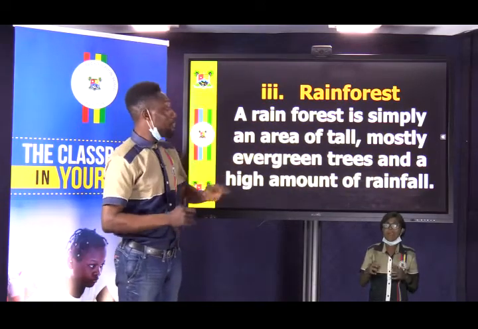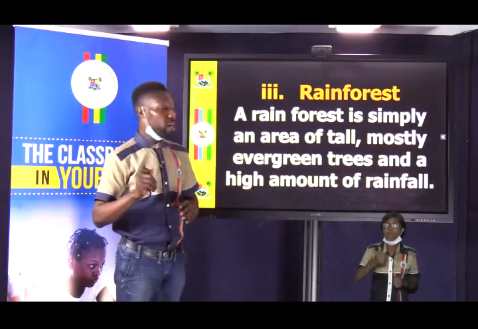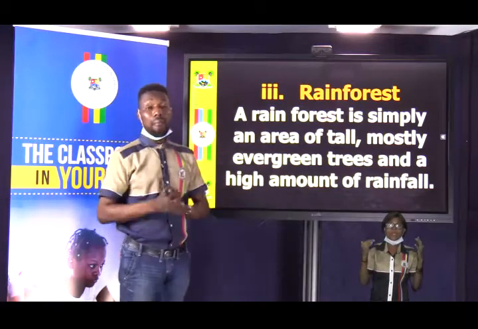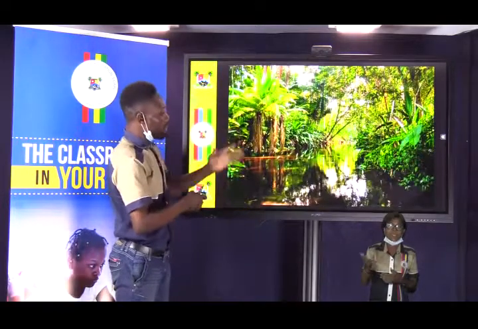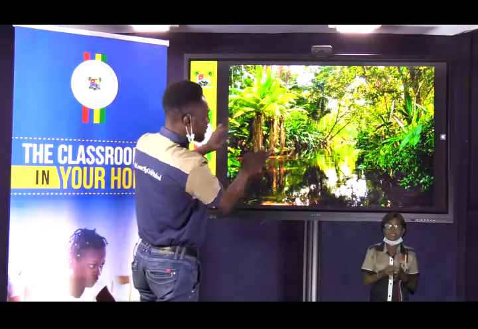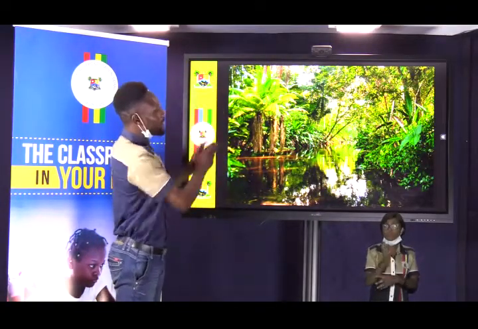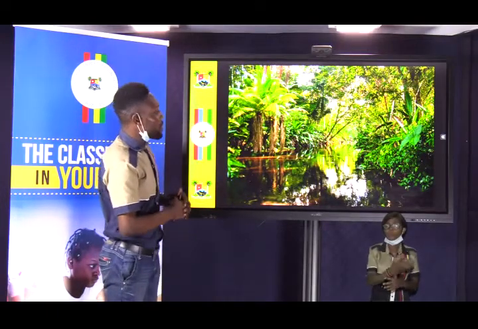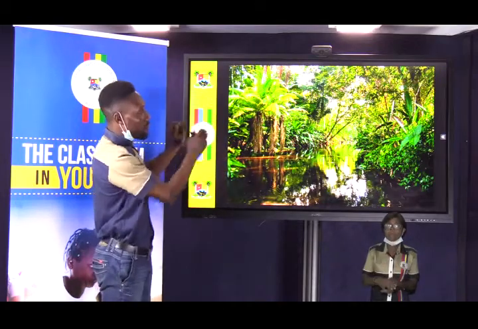This is what I'm talking about. You can see that everywhere. This is showing examples of rainforest: tall trees, evergreen, and high amount of rainfall.